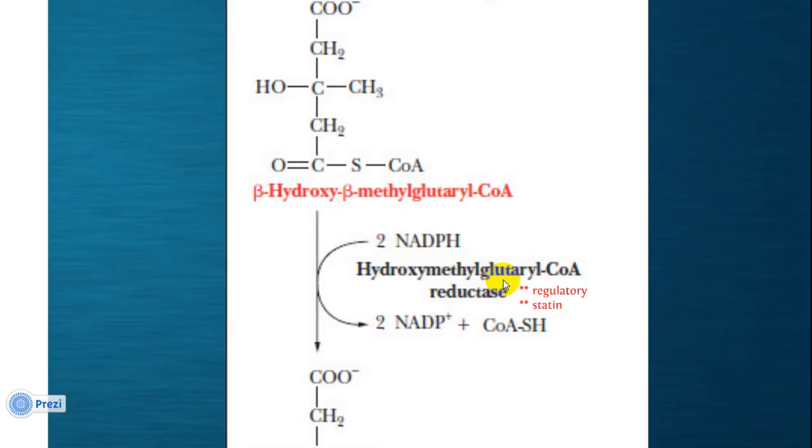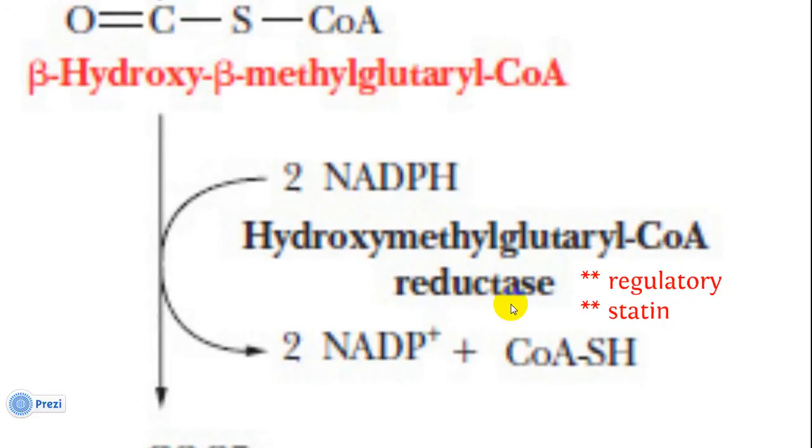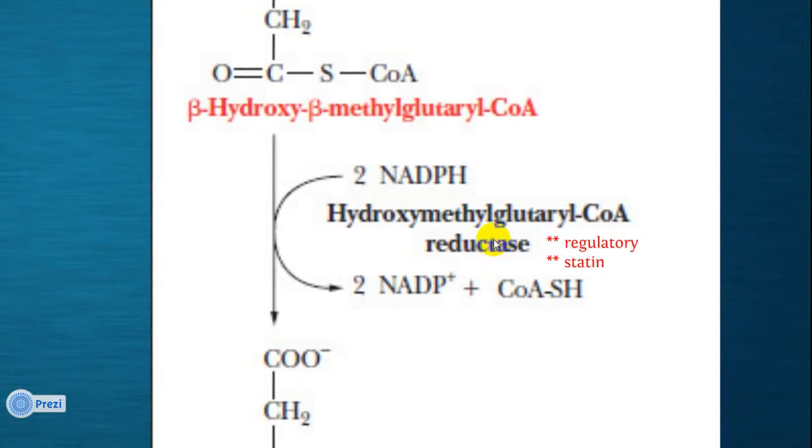So now you need to know that we have an HMG synthase and an HMG lyase. Those are found in the ketone bodies. Here we have the HMG reductase and the HMG synthetase.